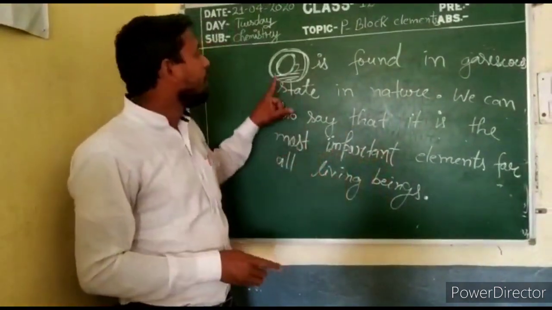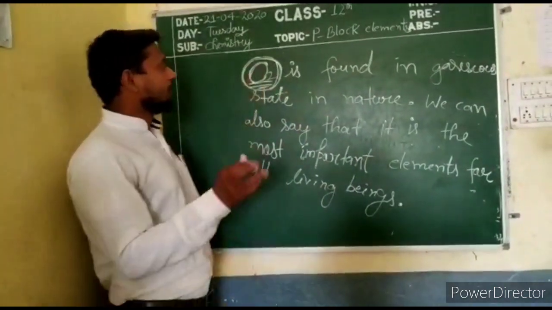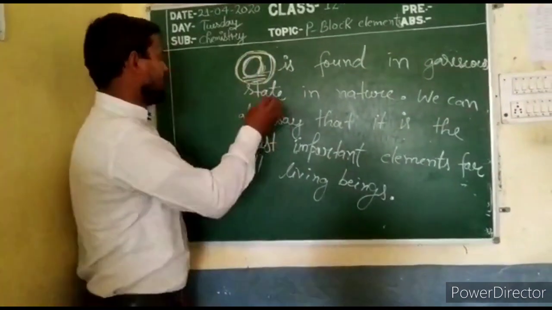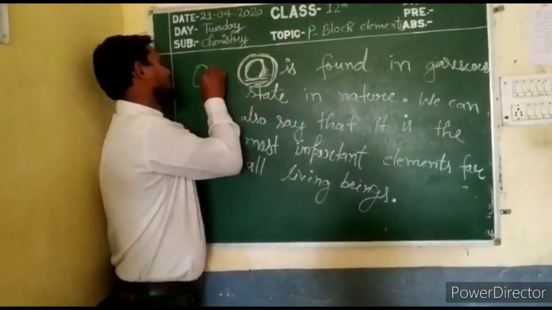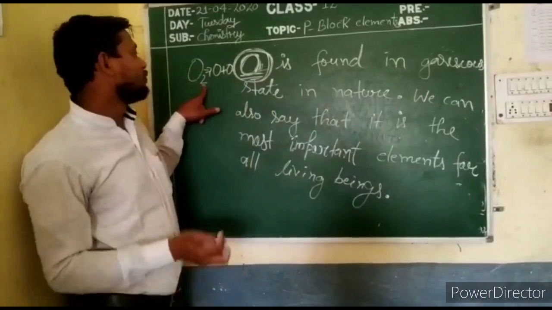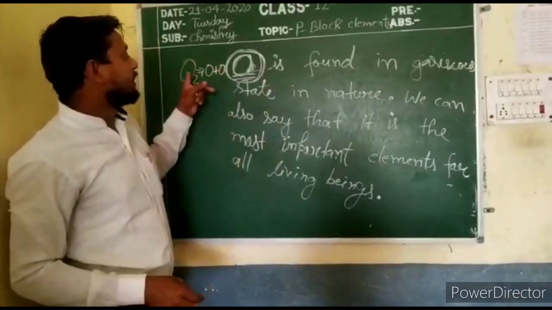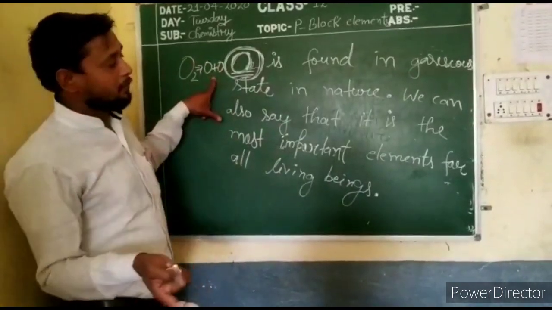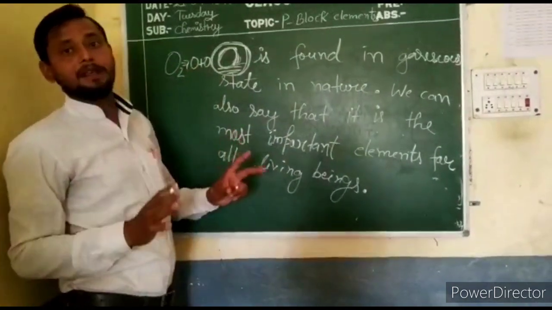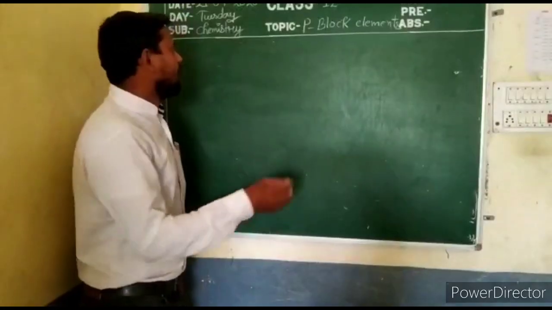But here we can say it, since there are the same atoms, meaning O2 means oxygen plus oxygen. O2 is formed of two atoms of oxygen. We can say that, but it is not compulsory. So we can say it is an O2 molecule. We never say compound. Now it's clear.